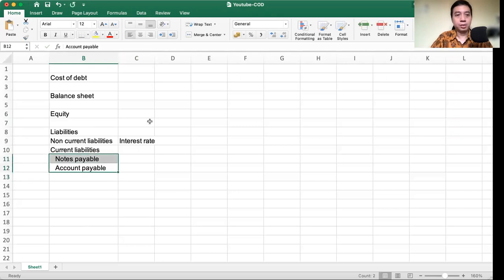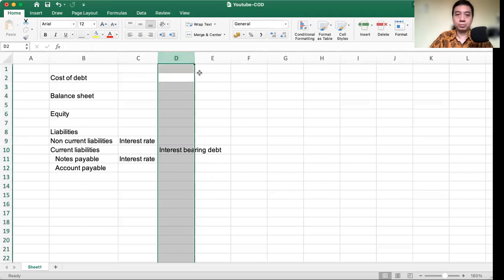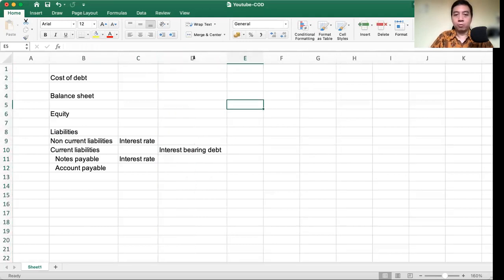When we talk about notes payable, they also bear the obligation to pay the interest rate. So by combining these two, the interest rate coming from current liability and also the interest rate coming from notes payable, we will find what we call interest bearing debt, and there will be some costs which we call cost of debt.